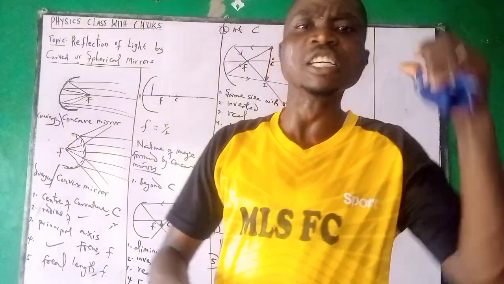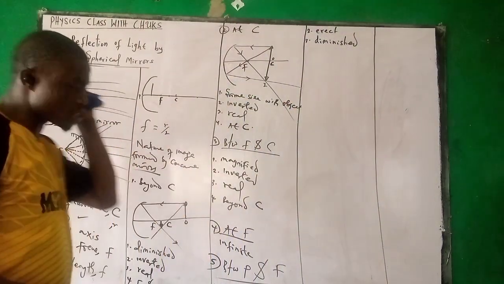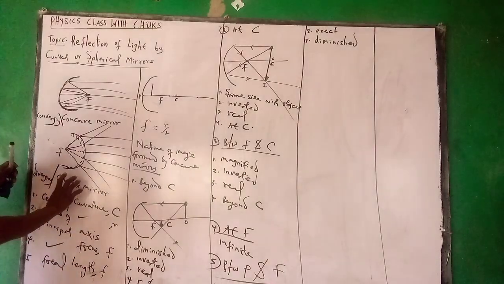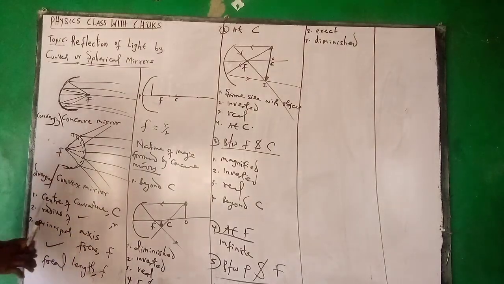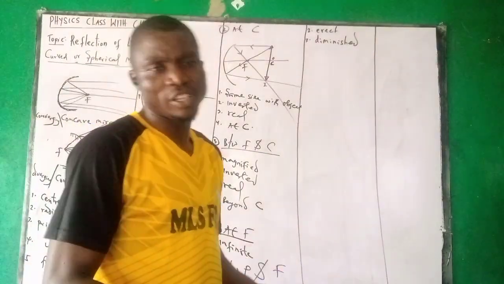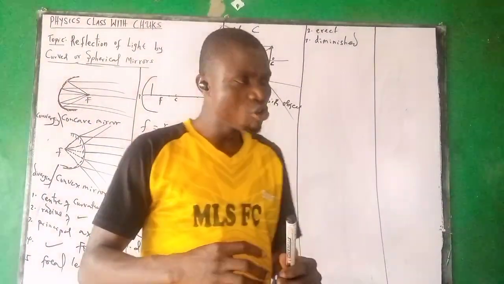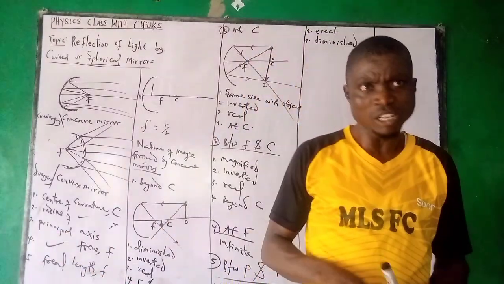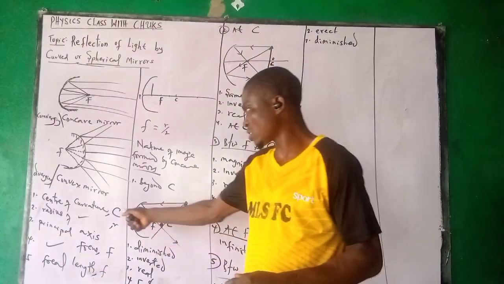This kind of mirror also provides a wider view. Imagine the driver driving: you look at the back through the mirror and you can see a very wide environment, because of this nature.